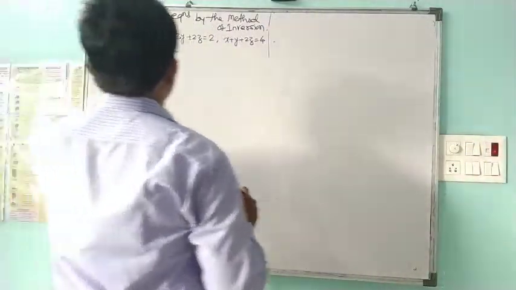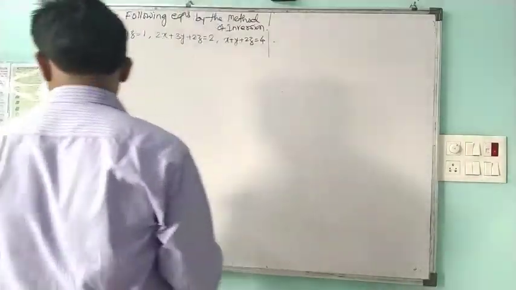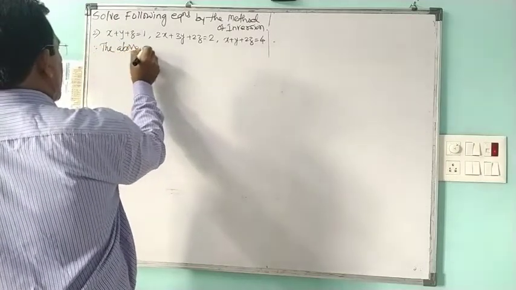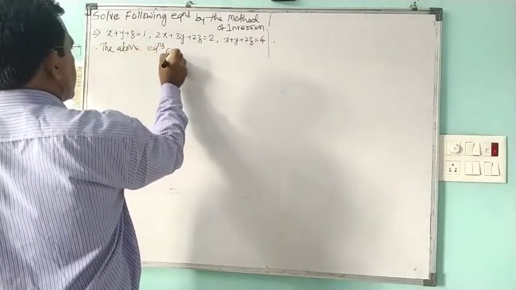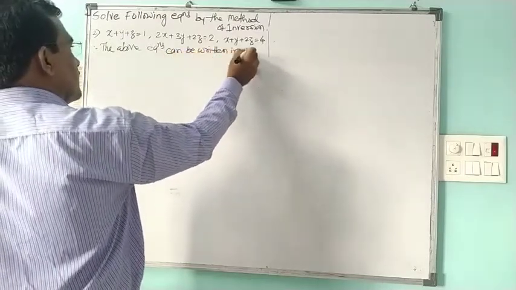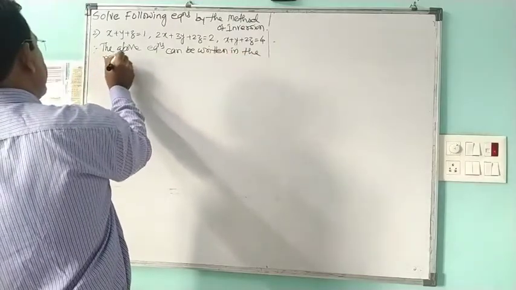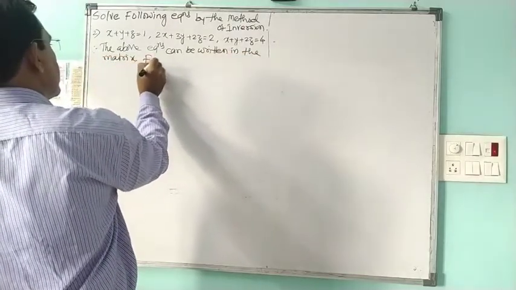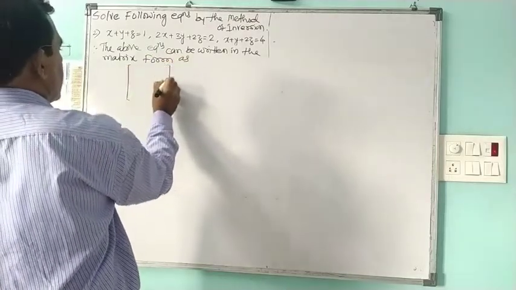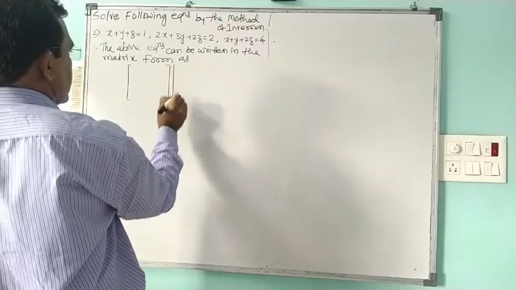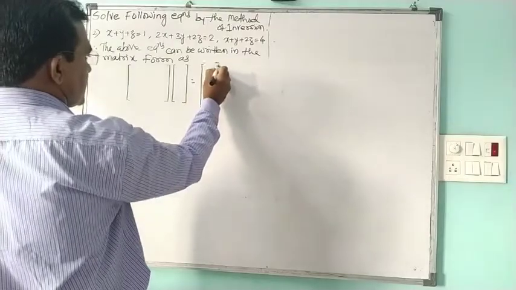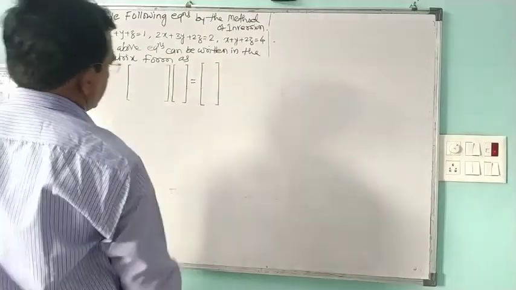So we will have the matrix form of the 3 equations, so above equations can be written in the matrix form as, the general structure of the matrix form is like this.